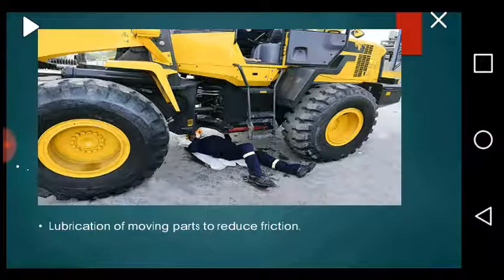First, lubricating the metal parts of a machine to reduce friction. When the metal parts of a machine are lubricated, it helps to reduce friction and therefore avoid the wearing and tearing of parts of the machine.